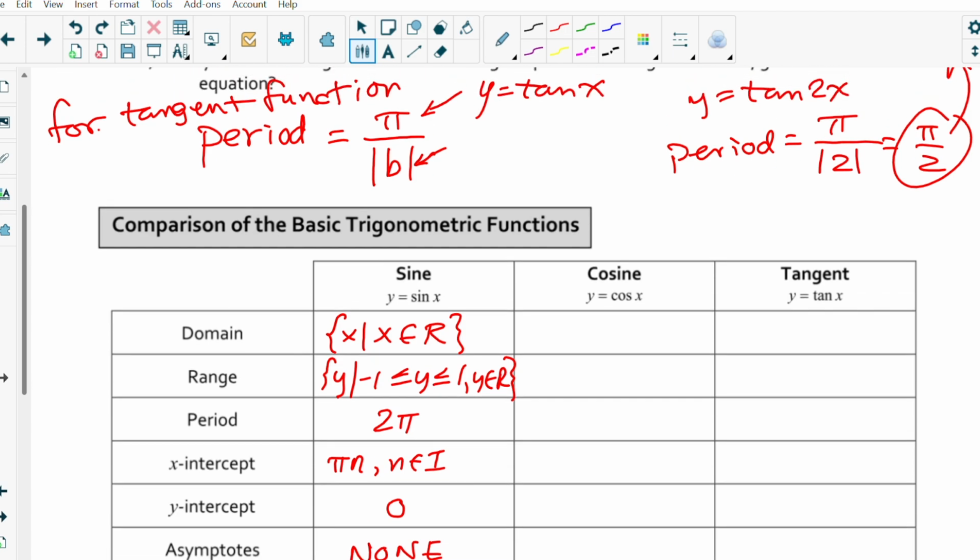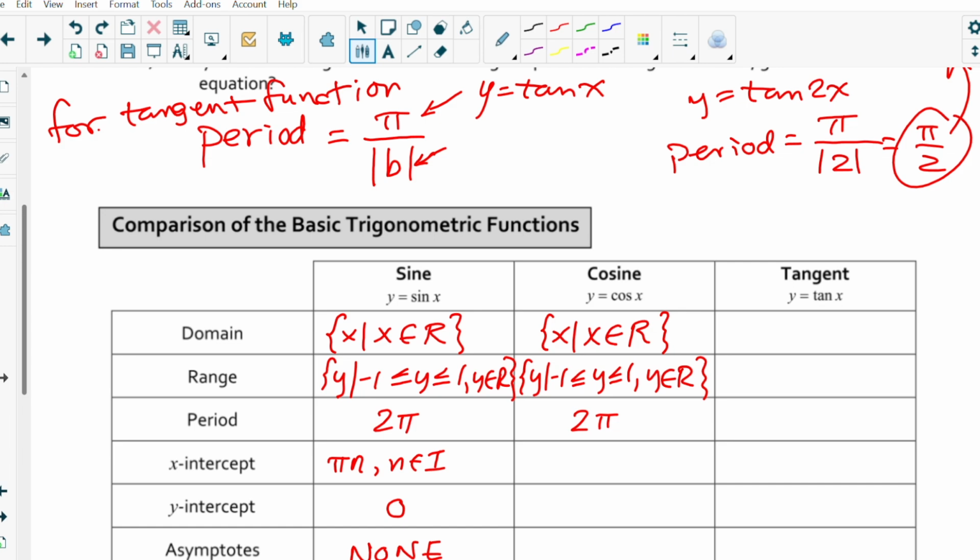Cosine function, y equals cosine of x. The domain is x is an element of all real numbers. The range is the same as the sine function, from -1 to 1. Period, 2 pi.